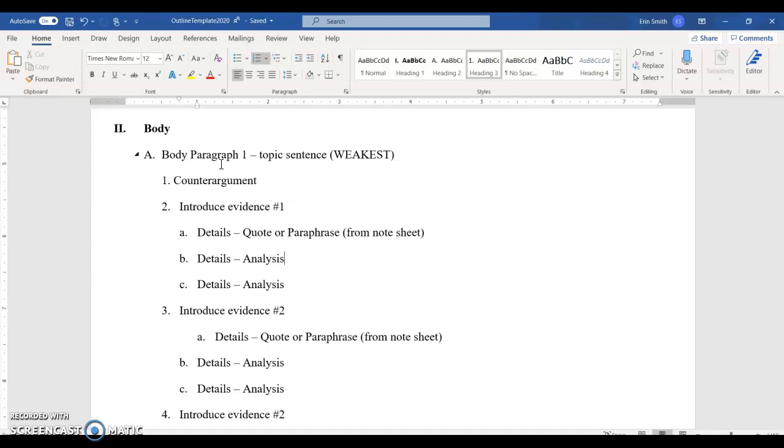So you're saying, this is what I'm going to talk about. Some people might think this way, but the rest of my paragraph is going to prove why I'm right and they're wrong. You could also bring this up after your last piece of evidence if you feel it works best, but I think it makes a really strong case to do it first.